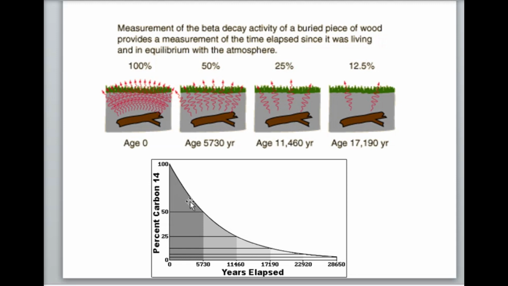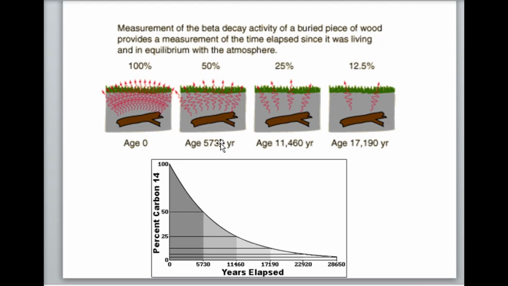And when you've got to a point where it's 50% carbon-14 remaining, because everything has decayed and you've got way more carbon-12 now in your body than carbon-14, you know that it's 5,730 years old, because that's the half-life of carbon-14.